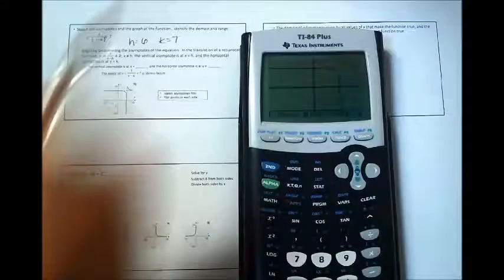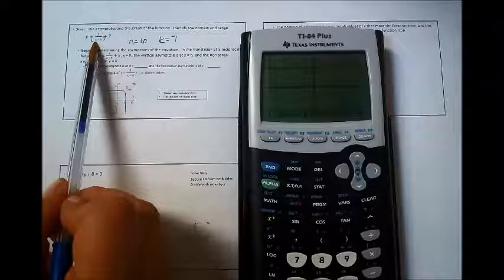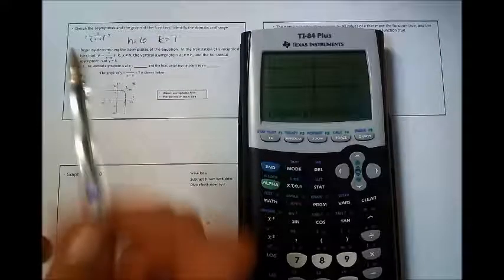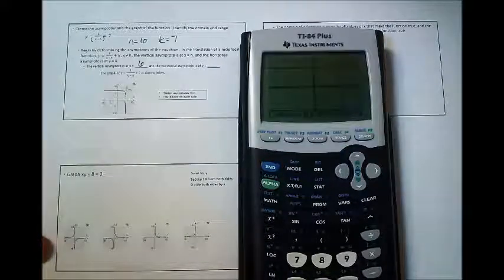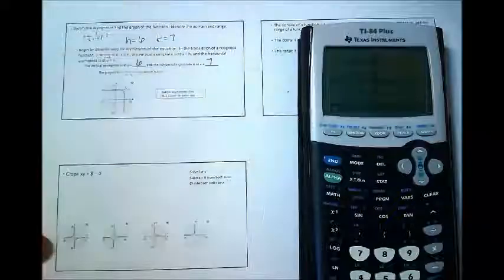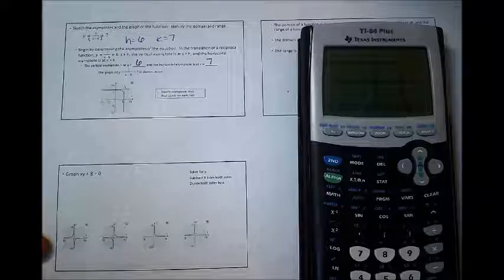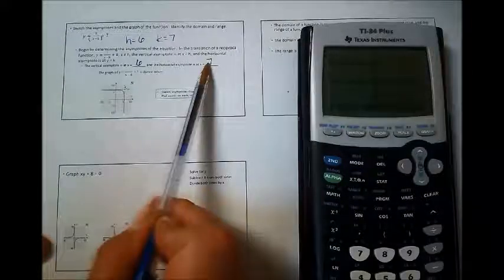We cannot have a 0 on the bottom of a fraction, so any x that would make this 0 is what we can't have. So the vertical asymptote is at x equals 6, which is the same as our h, and the horizontal asymptote is at the k, which is 7. If you were doing this very, very old school, you would first graph these two lines and then sketch the curve in.